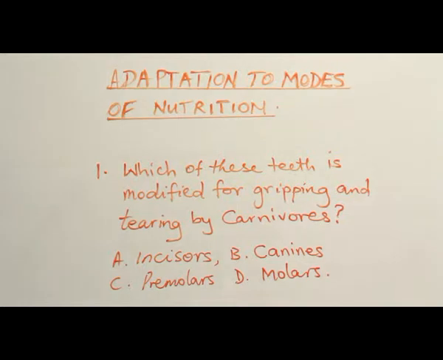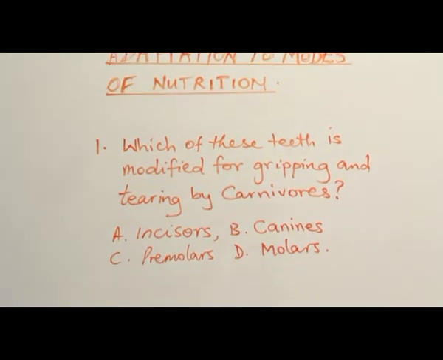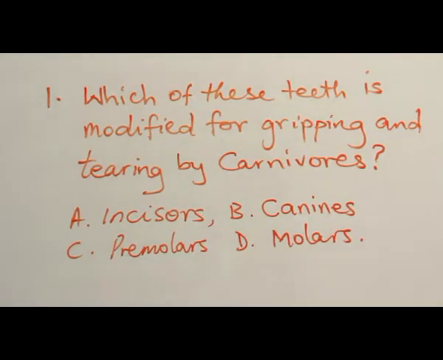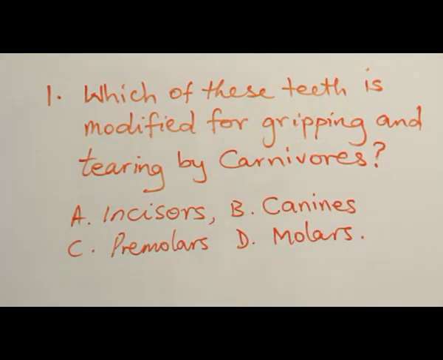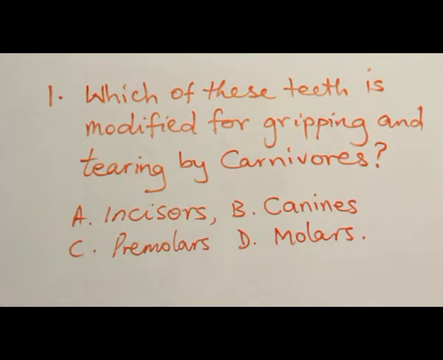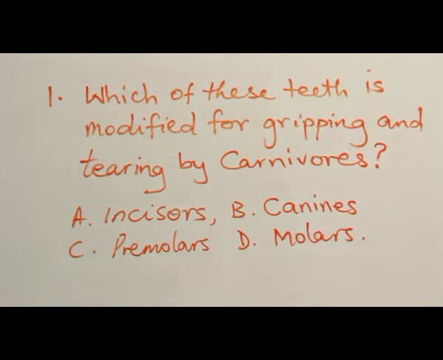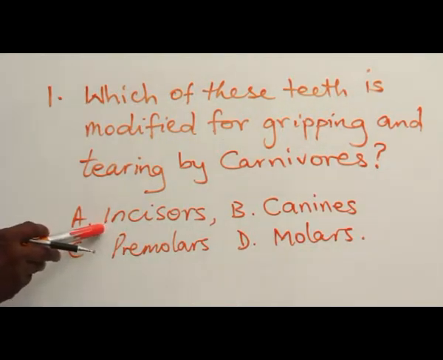Example 1. Which of these teeth is modified for gripping and tearing by carnivores? A. Incisors. B. Canines. C. Premolars. D. Molars. Now, incisor is for cutting.